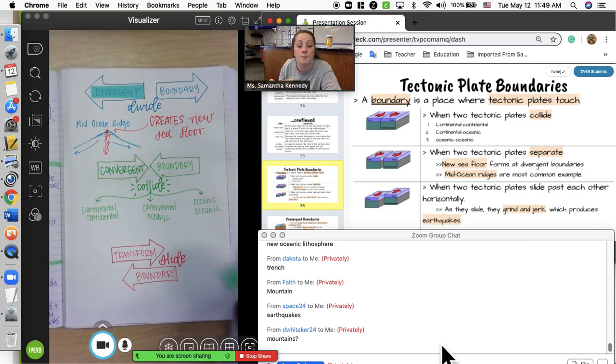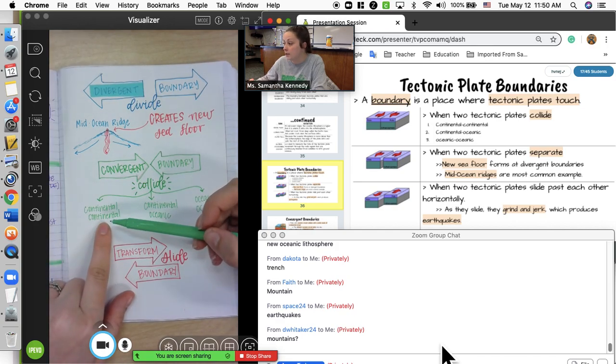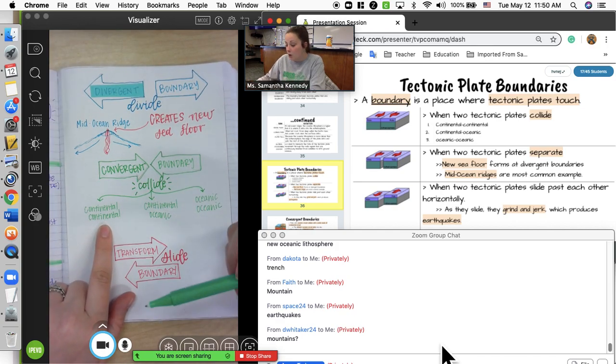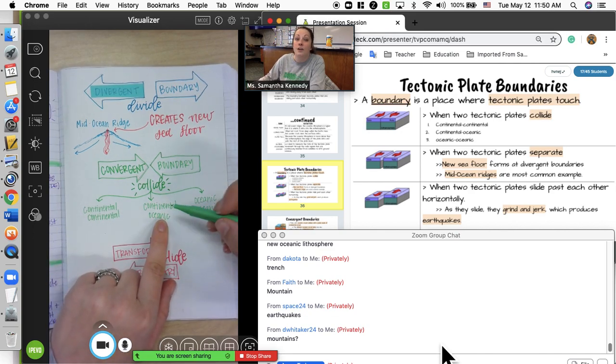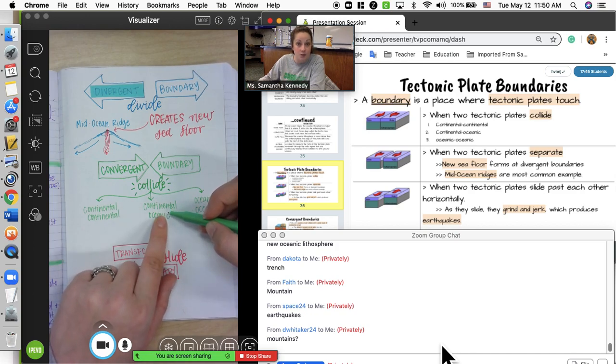Very good. So my word that I was going to use was landforms. Landforms are created. So when we have continental, you're going to get mountains. When you have continental-oceanic, you are going to get a volcanic mountain range and a trench. Some of you brought in trench as well.